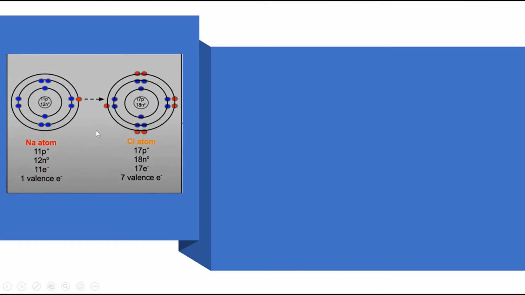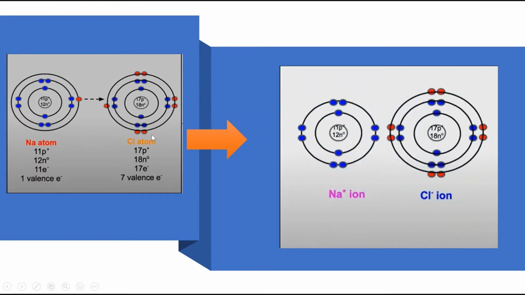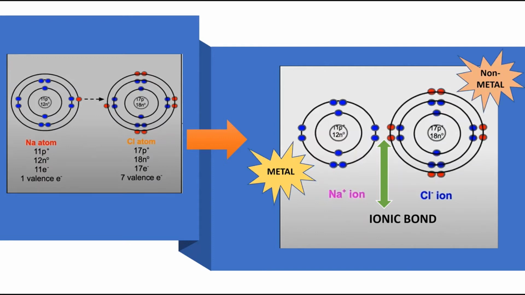On the other atom, chlorine has 7 valence electrons: 2, 2, 4, 2, 6, and 1, 7. So what will be the type of bond? Sodium is a metal and chlorine is a non-metal, so the type of bond formed here will be an ionic bond. We have to remember that if one atom is a metal and the other is a non-metal, the type of bond will be ionic.